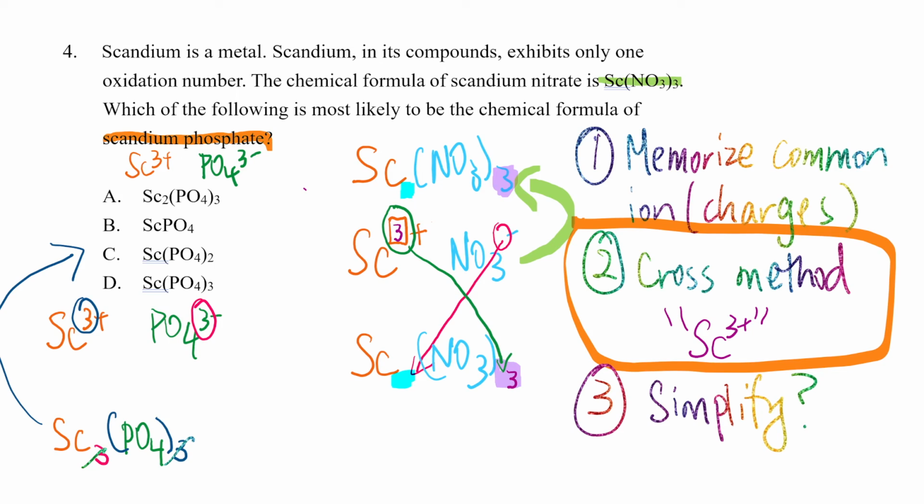When you cross it out, what do you have left behind? Yes, you have scandium, Sc, and then phosphate. Do you need the bracket anymore? Nope. Once you remove the number, you don't need the bracket anymore. So you're just having ScPO4. Now, ScPO4 would be your final answer. And your answer for this question would then be B.